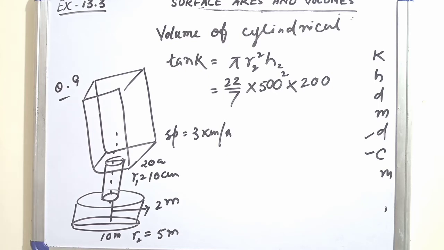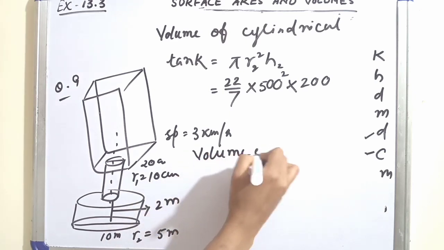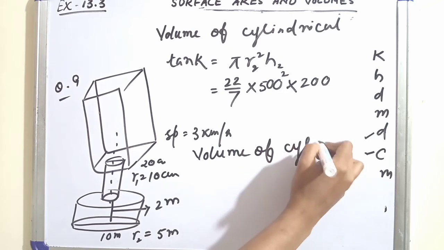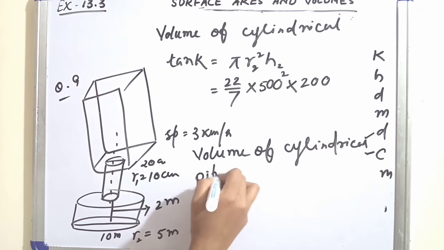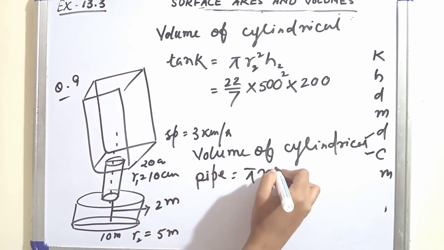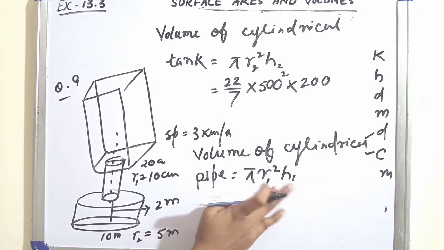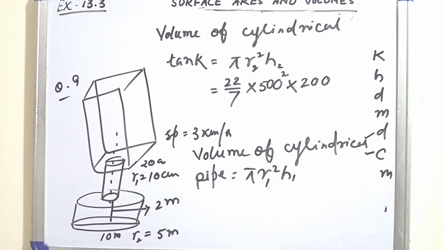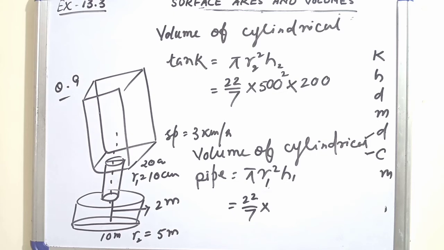Now volume of this cylindrical pipe is equal to pi r1 square h1. So here 22 upon 7, r1 square, that means radius 10, that means 10 into 10.